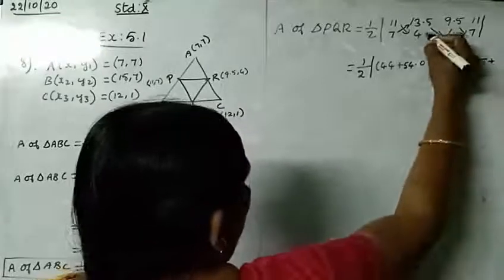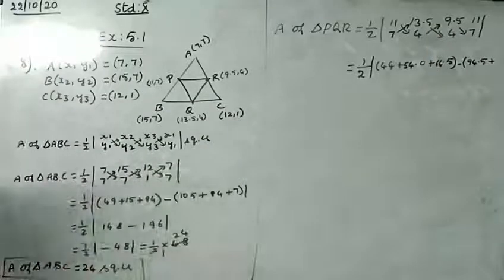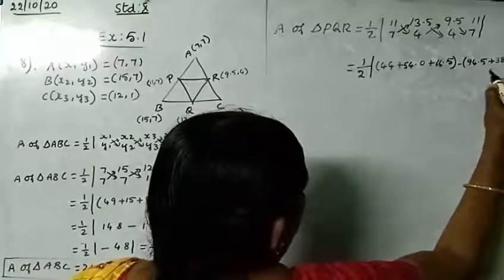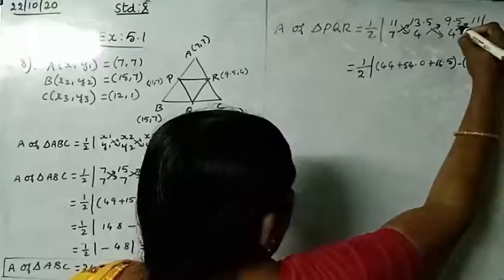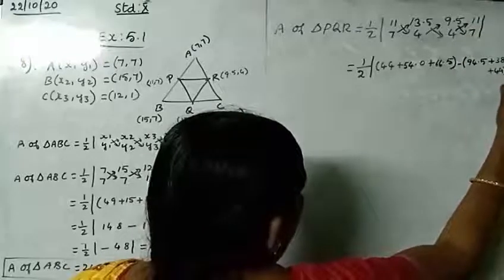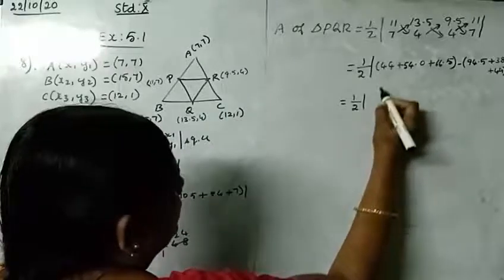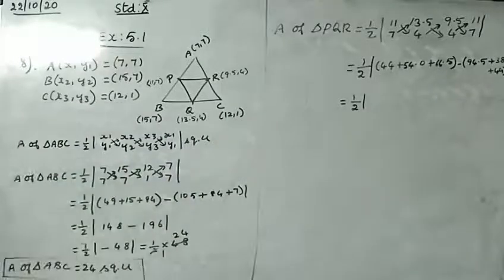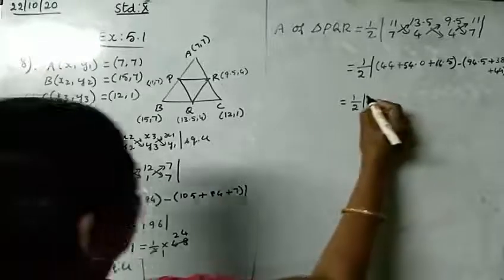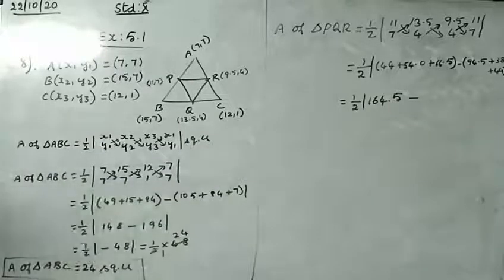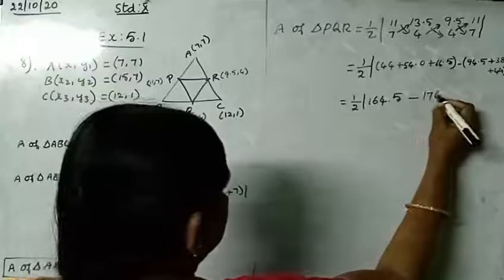Plus 4 into 9.5 is 38. Plus 4 into 11 is 44. Bracket closed, take a modulus. So which is equal to 1 by 2. And I add these three numbers. Let me get the answer, 164.5 minus. Add the other three numbers. I am getting the answer 176.5.